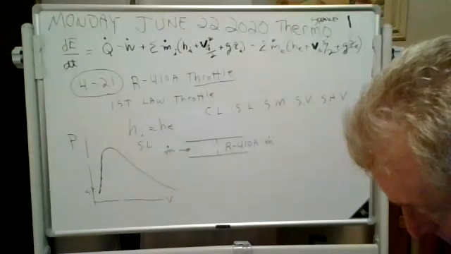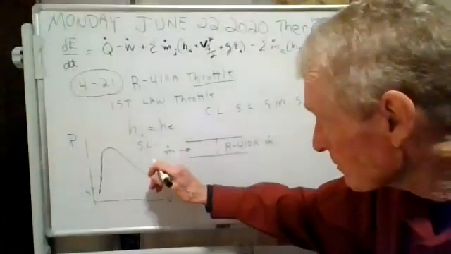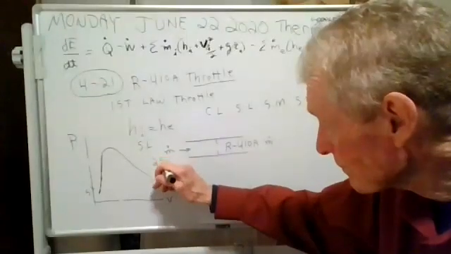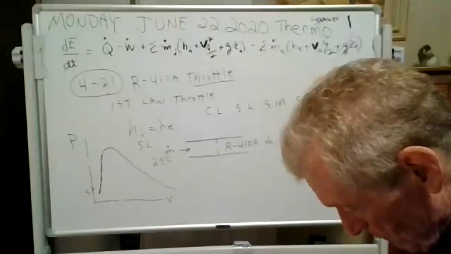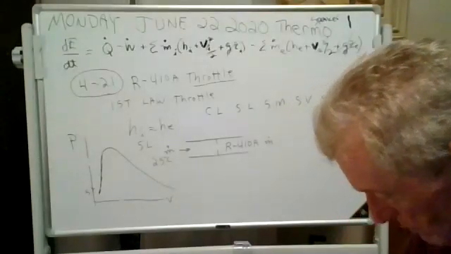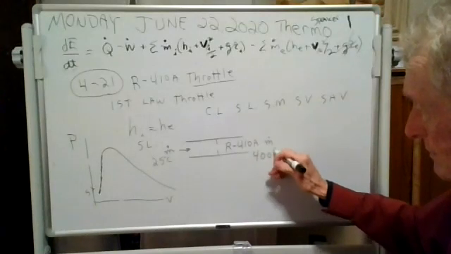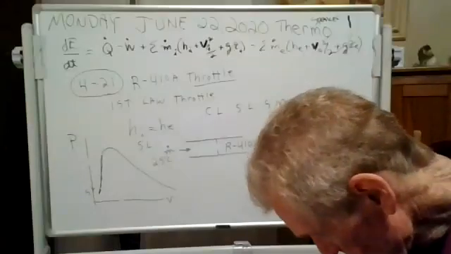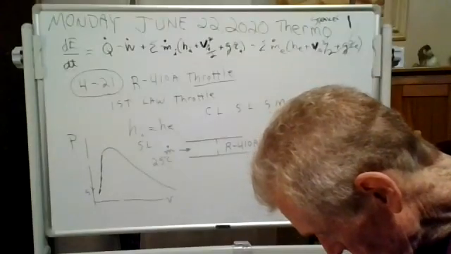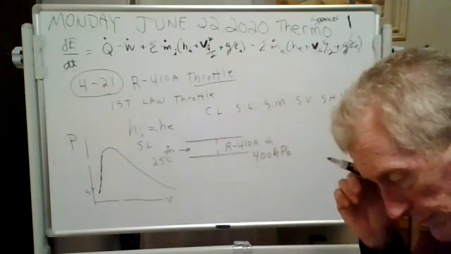They said 25 degrees Celsius coming in and 400 kilopascals coming out. Okay. What's the exit temperature? Find the percent increase in the volume flow rate. Well, we'll get to that.